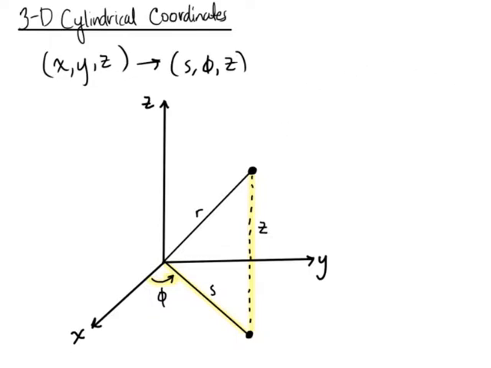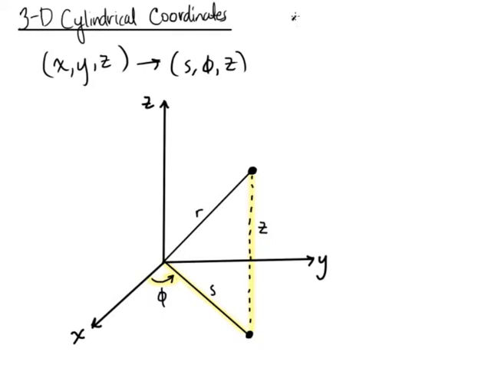And now we can sort of define a relationship between our x, y, z in terms of cylindrical components. And that's, if we remember a polar, it's pretty simple.